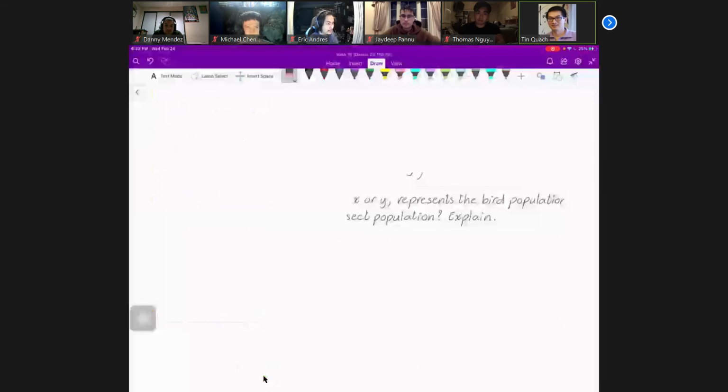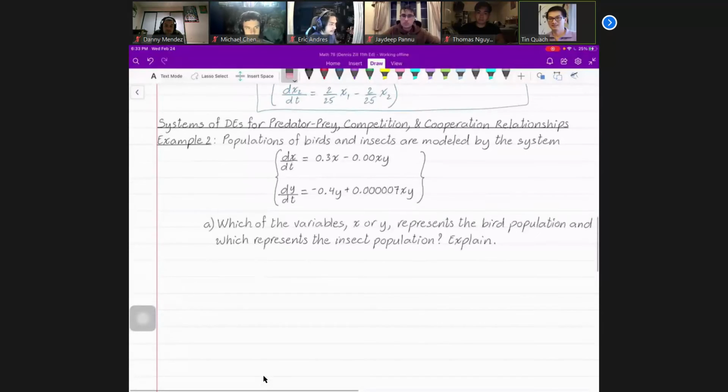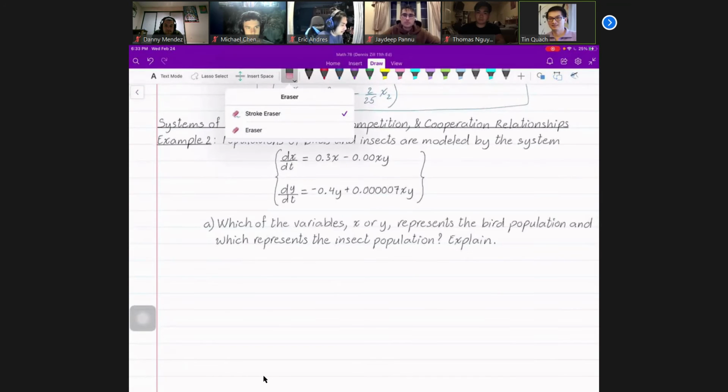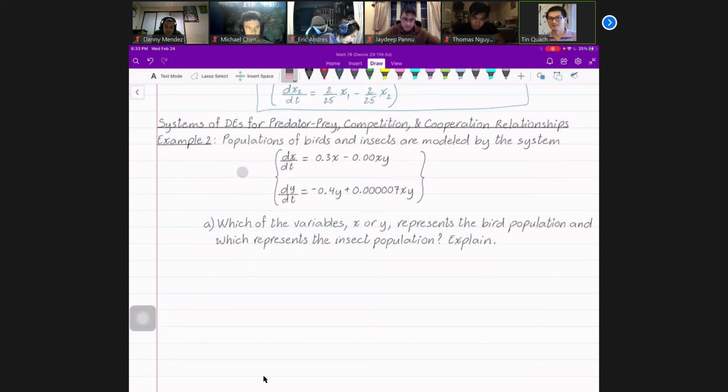All right. So let's go to this one right here. In this case, you have two equations. You know that t is time, so x and y would have to represent the birds and the insects. But how do we know which is which? So let's analyze. Let's look at the first differential equation.